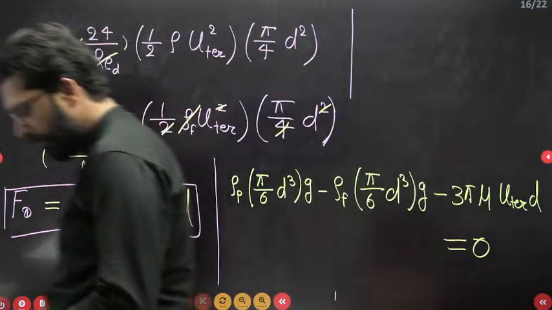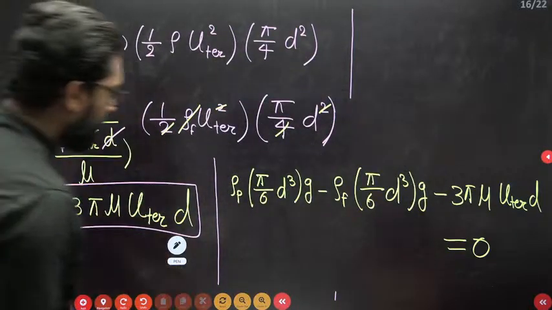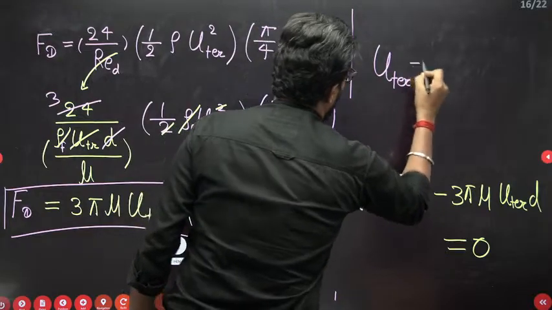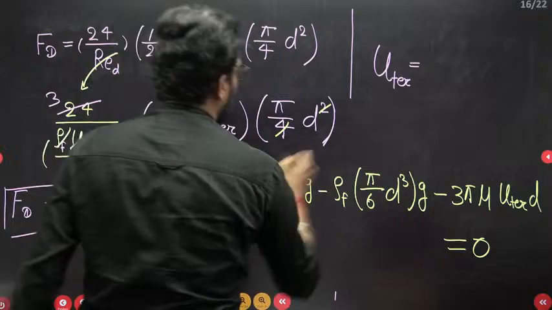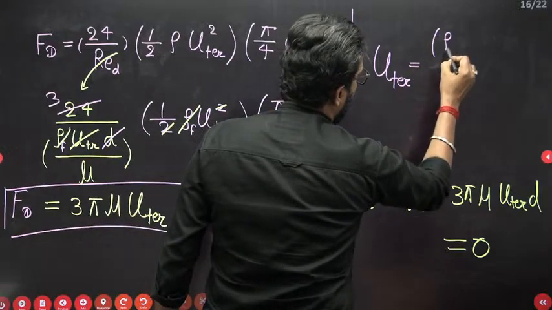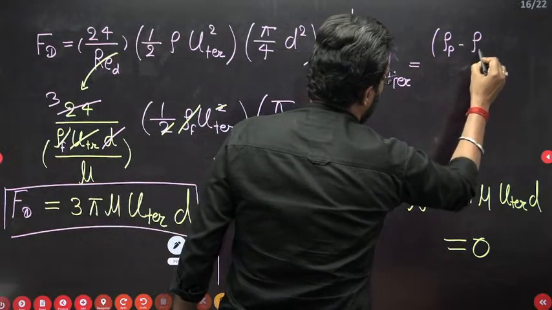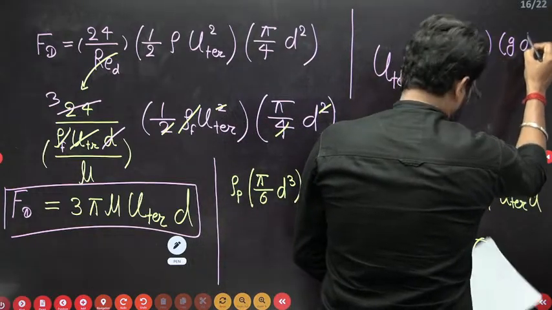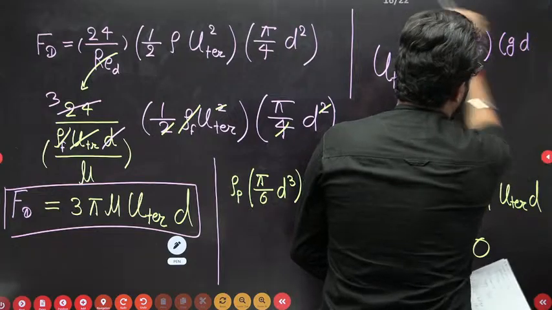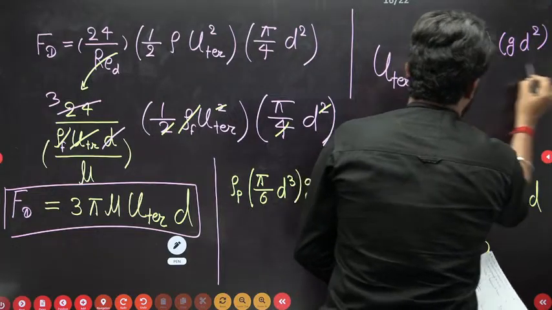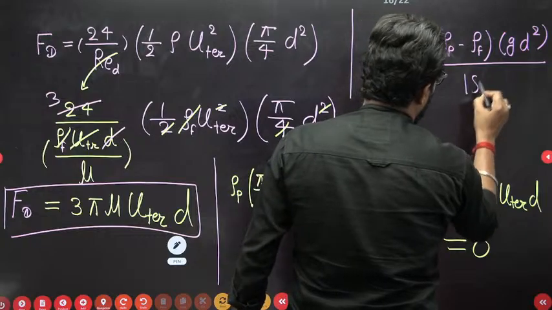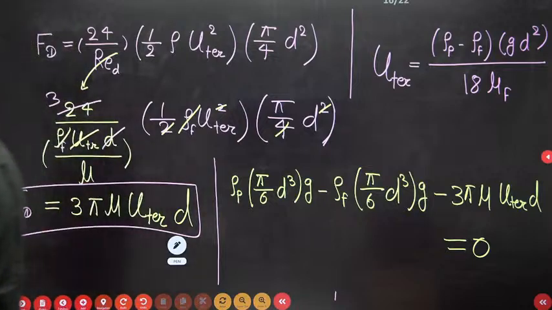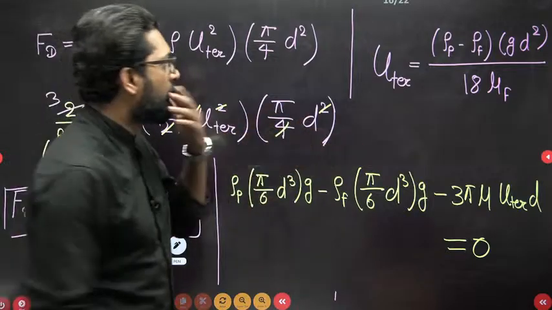Yes or not? This is 0. Now, if we rearrange this, the terminal velocity is equal to density of the particle minus density of the fluid, times g d square, divided by 18 mu of the fluid. This is your terminal velocity.